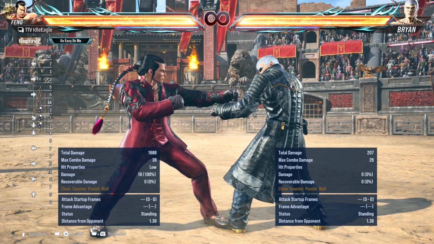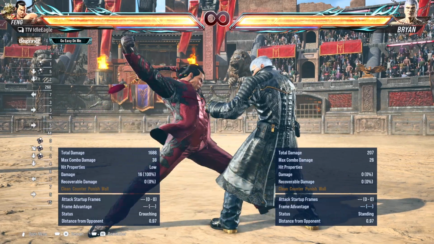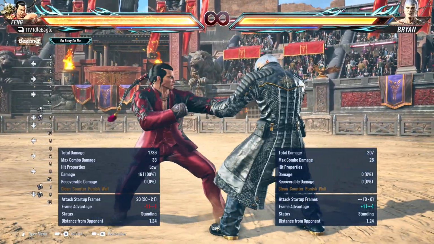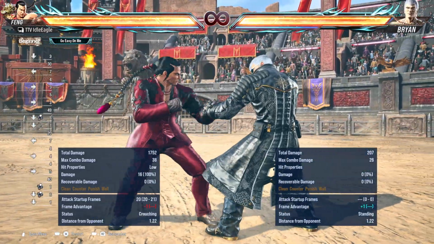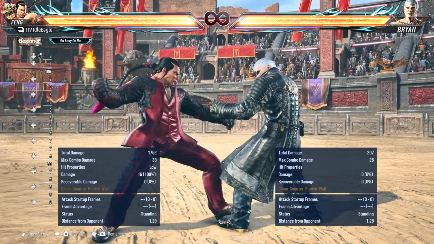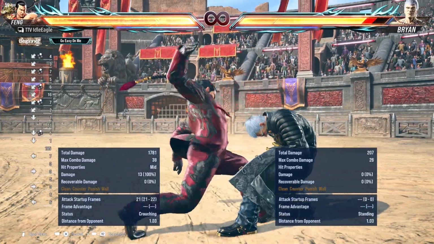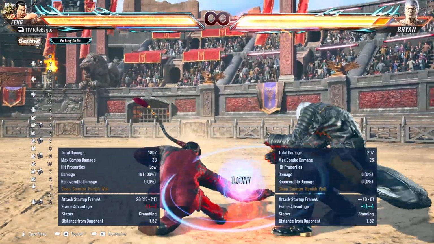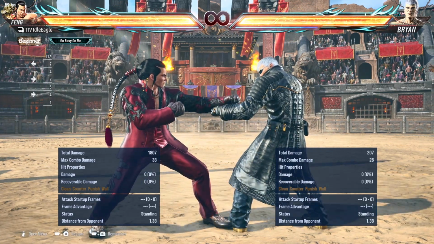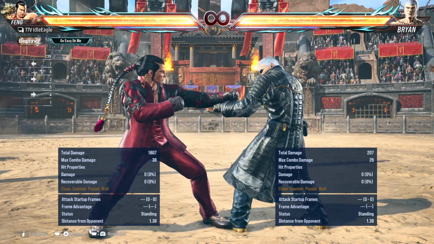In fact, most lows actually are minus on hit. You see it says -1 with Feng. -1, but I'm hitting it, right? That means that I'm minus. So I do not have the advantage anymore. I've given up my turn. Although -1 is not very much. But you get the point.